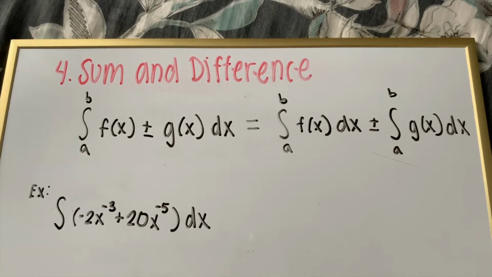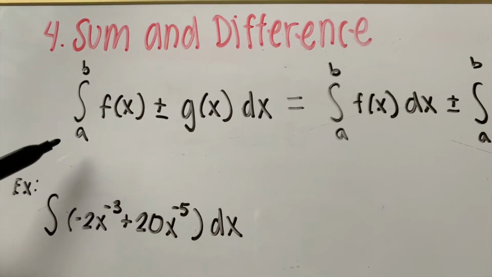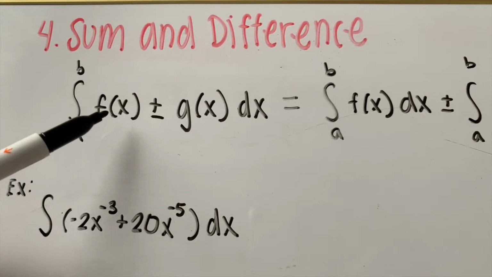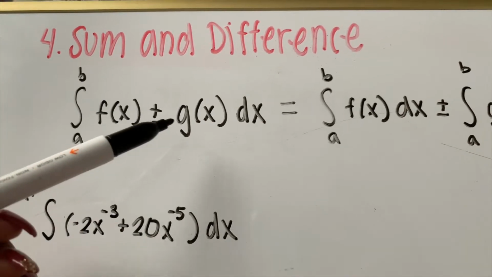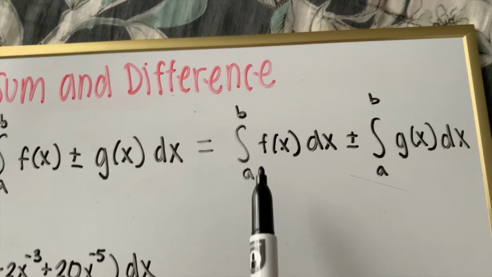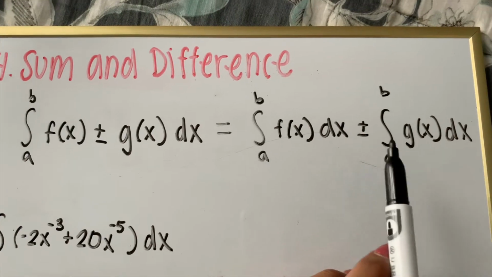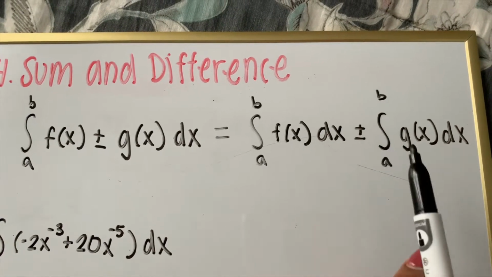The next rule is the sum and difference rule. If we are ever given an integral from a to b of f(x) plus or minus g(x), instead of solving it like this, we can break it down as the integral from a to b of f(x) plus or minus the integral from a to b of g(x).